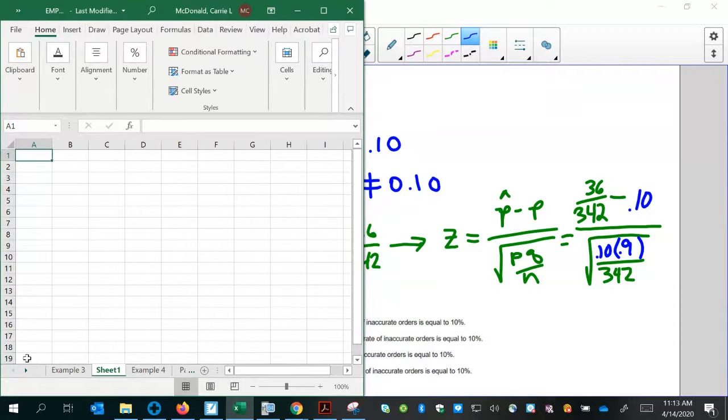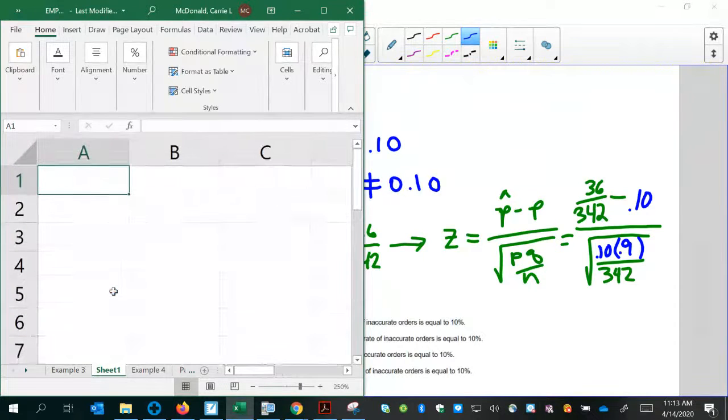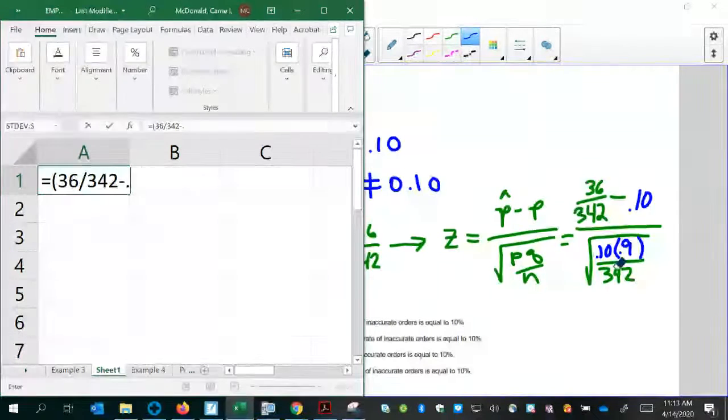We always start with an equal sign to make a cell do a calculation for us. Then we're going to want to enclose the numerator in parentheses so that the whole top will get divided by what's in the bottom. And I need the 36 divided by 342 minus 0.1. There's my numerator. Let's divide that.